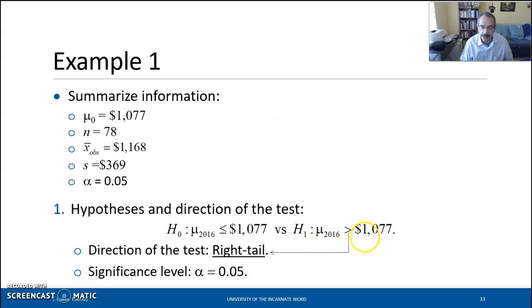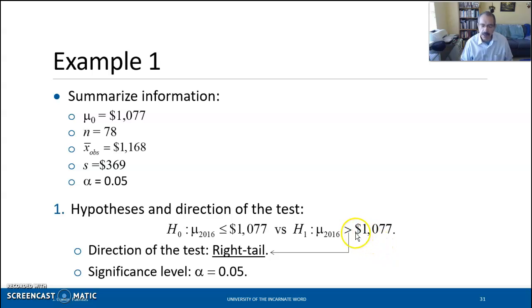They're telling you what the alternative hypothesis is: the mean of the amount paid in 2016 is bigger than 1,077. The corresponding null hypothesis will be that the average either went down in the subsequent year or remained the same.